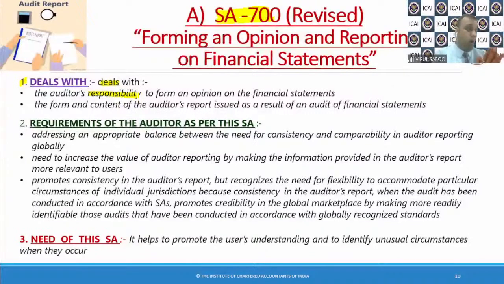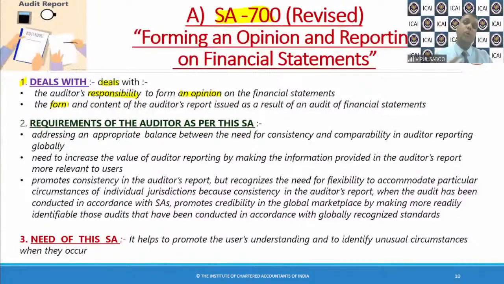So it is the auditor's responsibility to form an opinion on the financial statements. And when he's done with forming his opinion, he has to write it down and convey it to the stakeholders, the users, in a legible, written form.